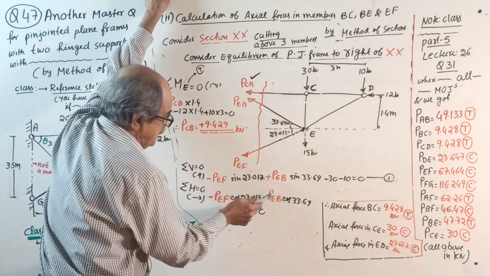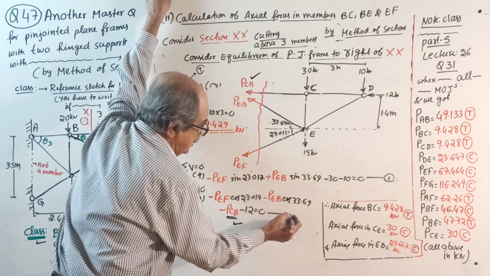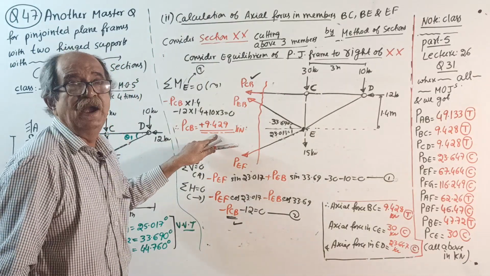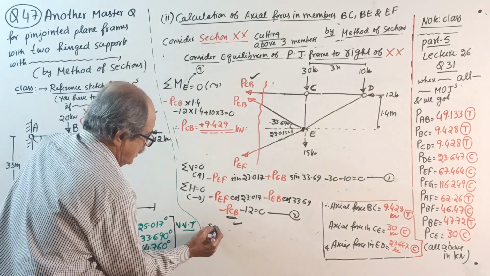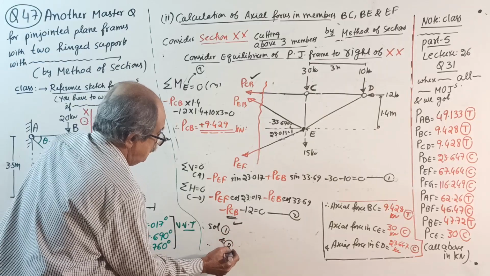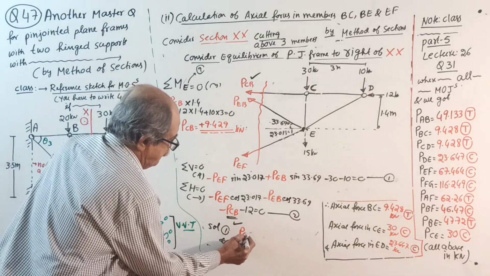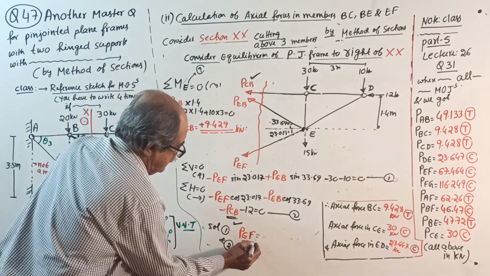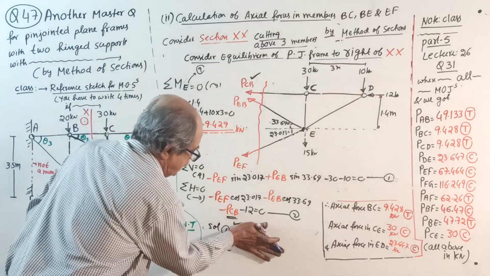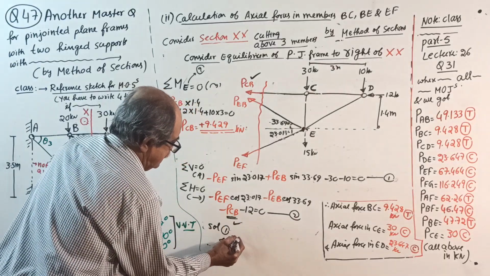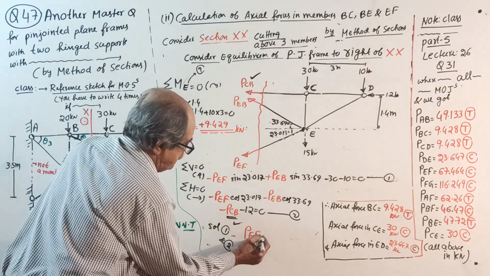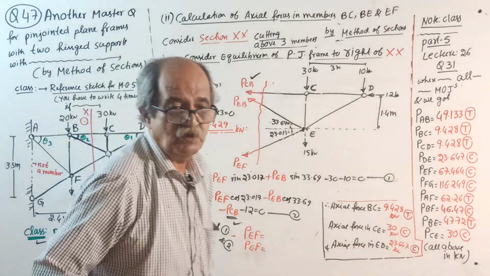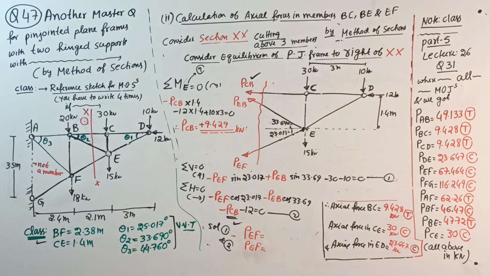Here also P EF, P EB. P CB is already known. You call this equation number 2. In equation 2, you substitute P CB equal to 9.429. Now do one thing. Solving 1 and 2, we get P EF and P EB. Solving 1 and 2, write neatly. Let's check that. Okay, now camera I will check once. Too much down I come.